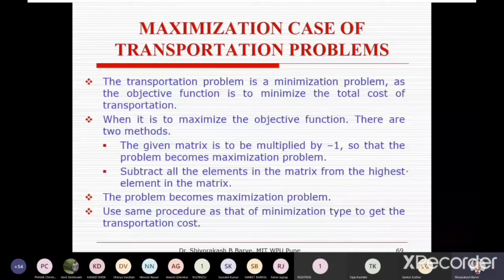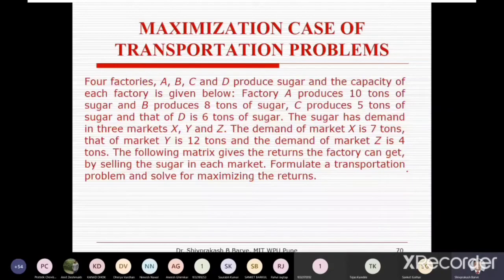So in the last result table, you have to consider the original matrix and check the values for maximization type. There is one step for how to compute for the maximization type. I will explain it when we are solving this problem.